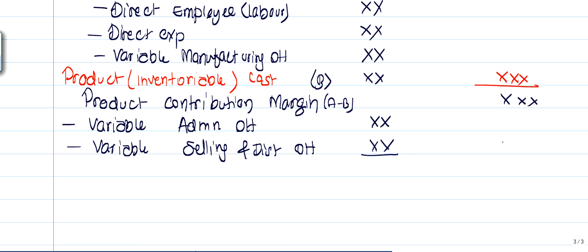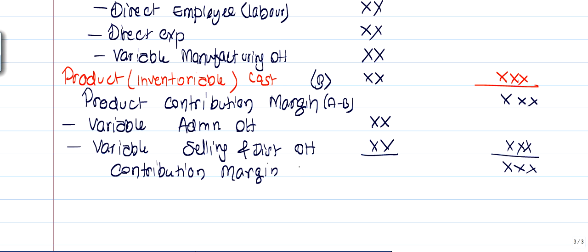These are not in a factory, so they come separately. It is an expansion of that previous variable cost. At the end you will get the contribution margin. Let's say this is C.